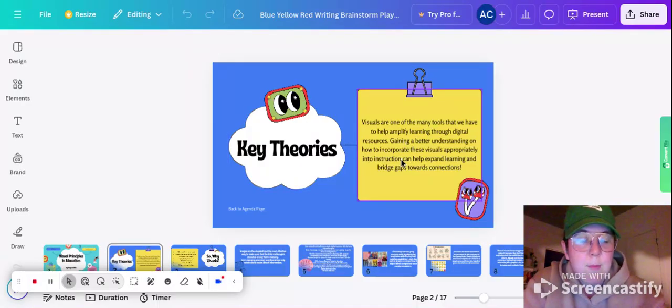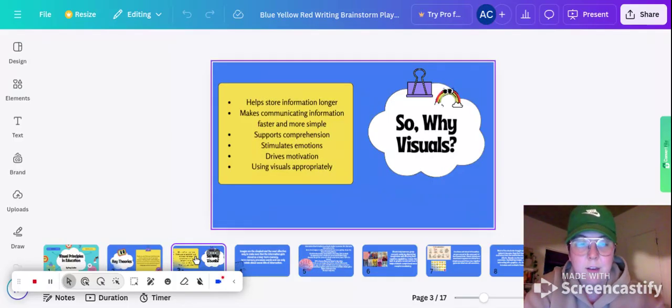Visuals are one of the many tools that help amplify our learning through digital resources. It helps us understand how to incorporate these appropriately into instruction and to expand our learning and bridge our gaps towards connections, which is ultimately why we want to use them in the first place.